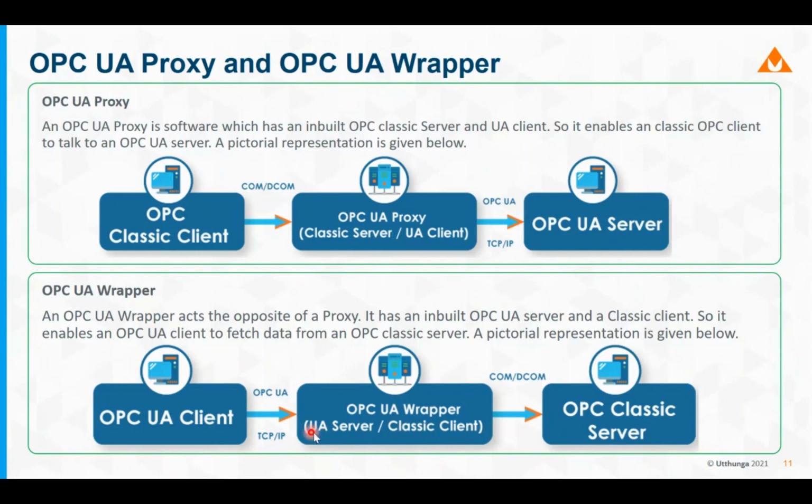It will give an OPC UA interface, with endpoints, to the OPC UA client. And once the OPC UA client starts making queries, internally it will convert all those queries to a Classic client COM-DCOM communication and pass them to the OPC Classic server. Okay, and now comes the most interesting part.